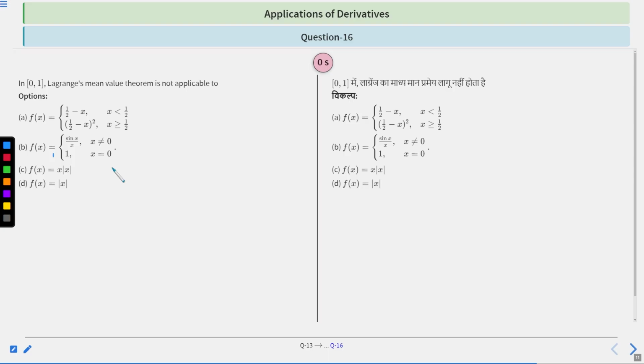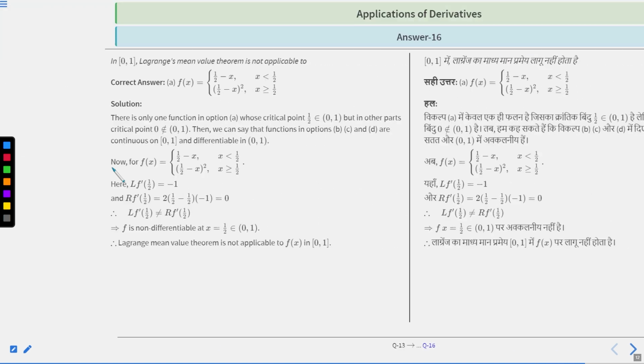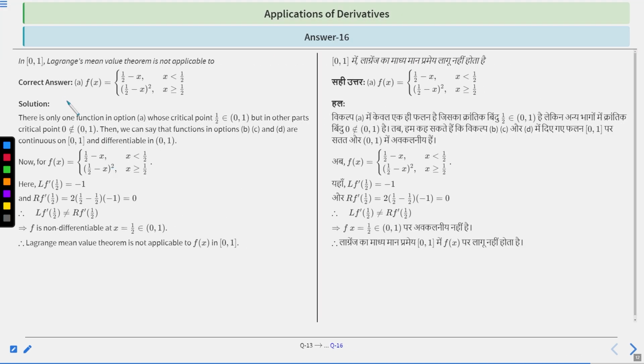Okay, let's move to the solution part. There is only one function, in option A, whose critical point 1/2 lies between 0 and 1. There must be at least one c between a and b, where here a is 0 and b is 1.